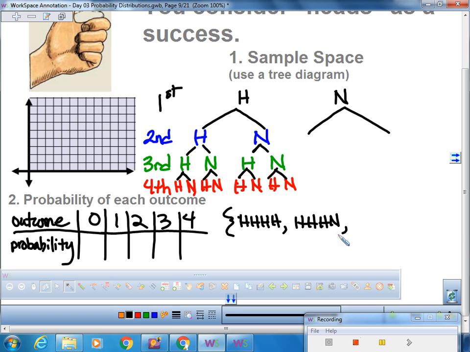Then head, head, I already did all these, right? So now we can do this. I did all these. Then I went all the way down and did the no head. So I'm done with all of that. Now I've got head, head, no head, head.